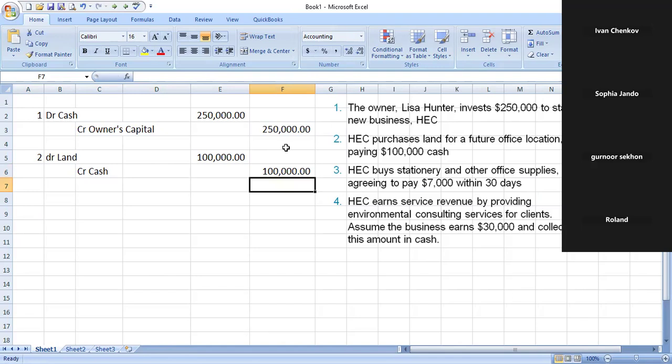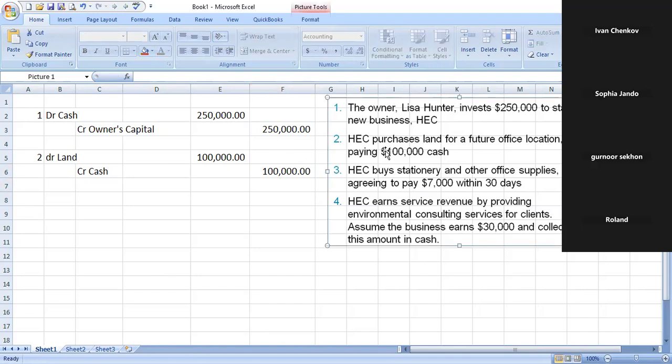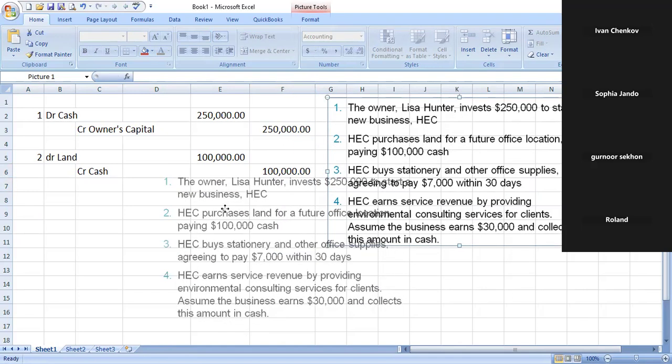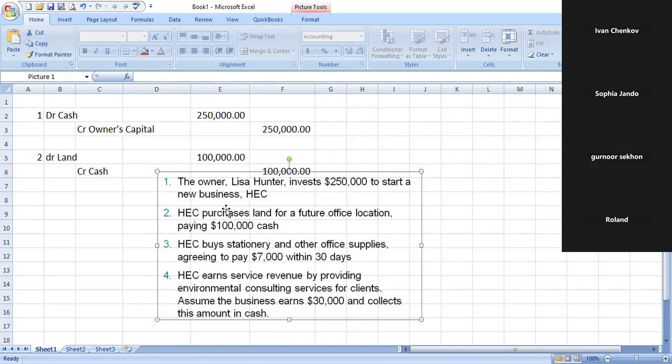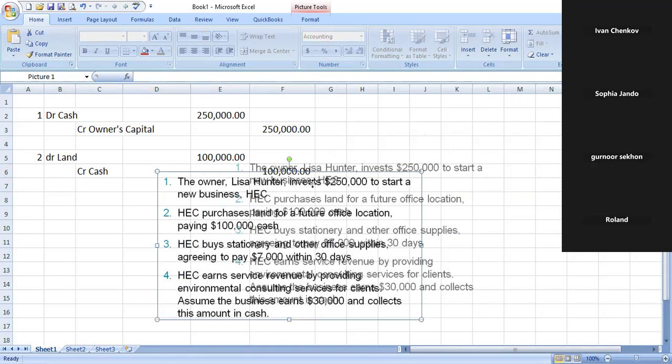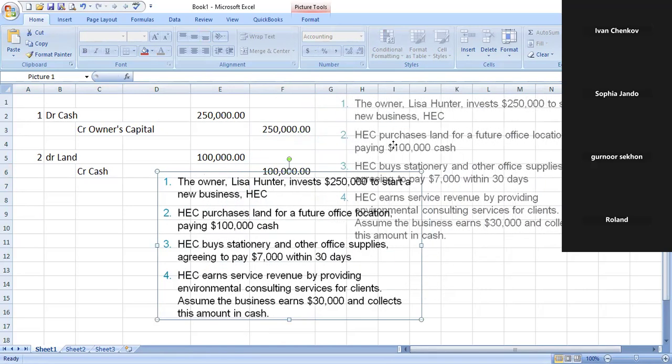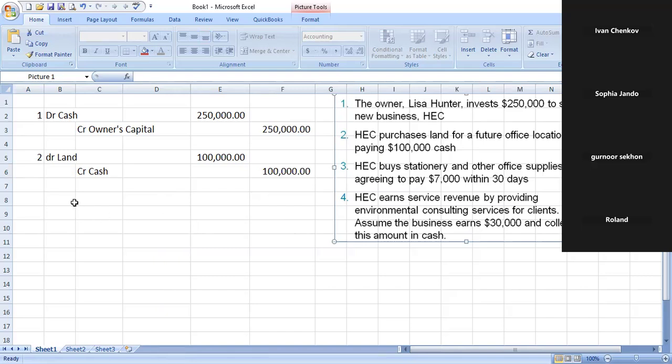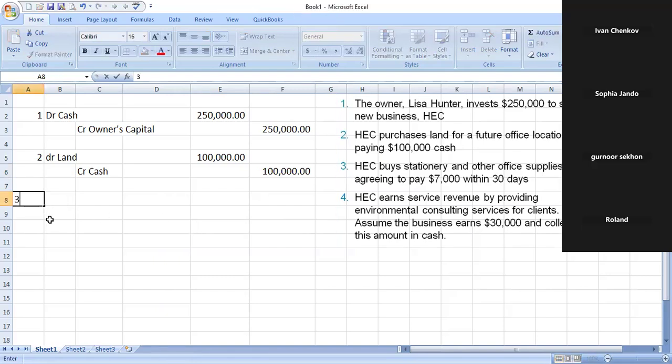Okay. Next one. The next thing the company bought was stationery, but they agreed to pay within 30 days. So, did the company get something? Yes. They got office supplies.